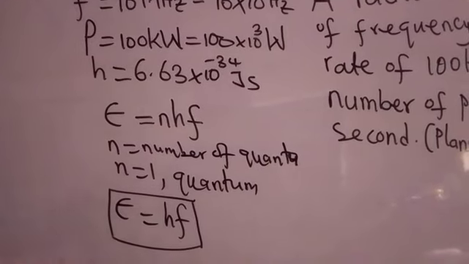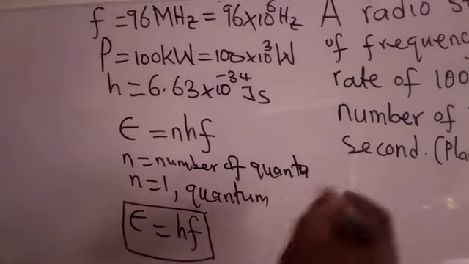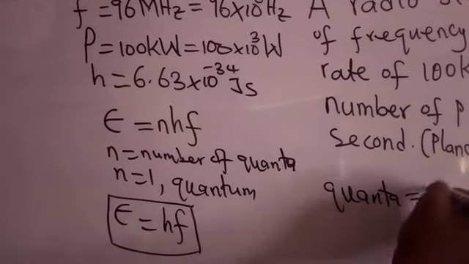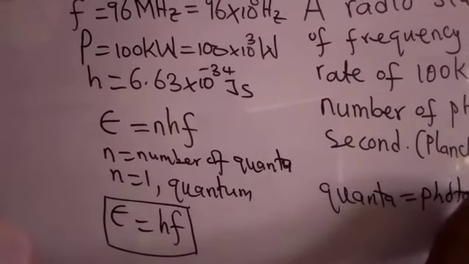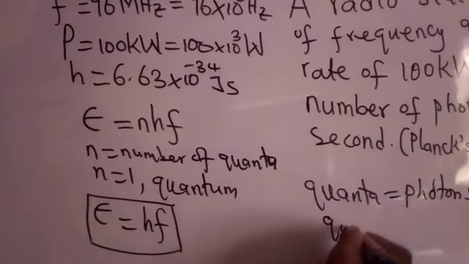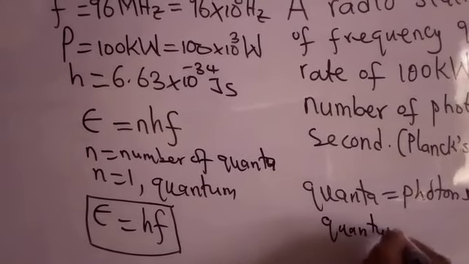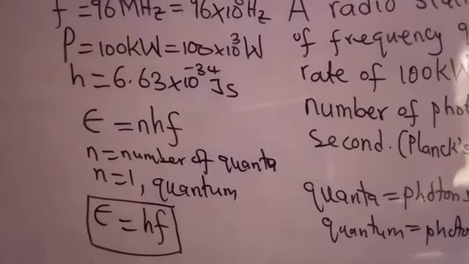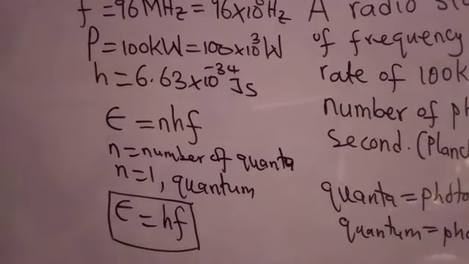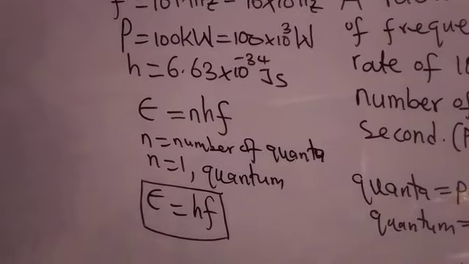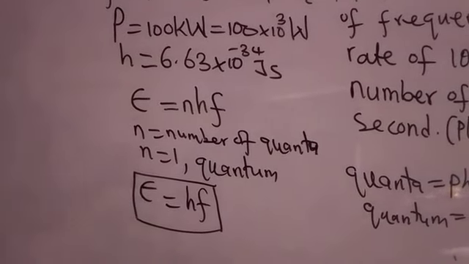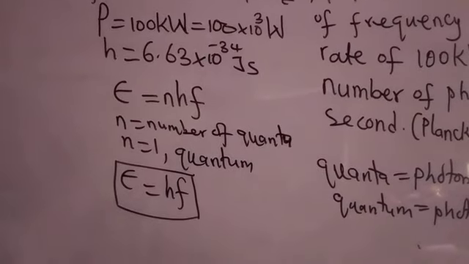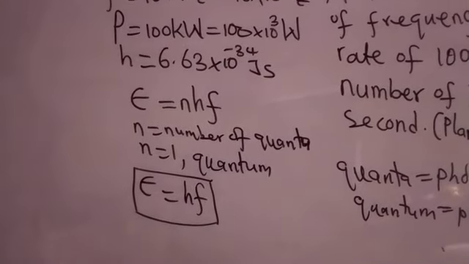Now remember that quanta is the same as photons. Then you can say quantum is photon, right? This is coming from the principle that the energy of radiation or emission from hot objects or black body materials comes out in bundles, in packets.